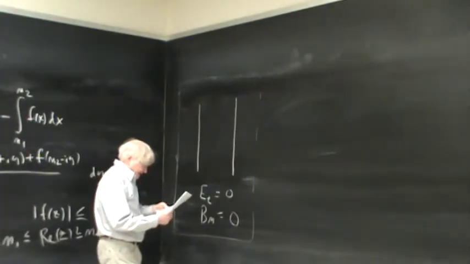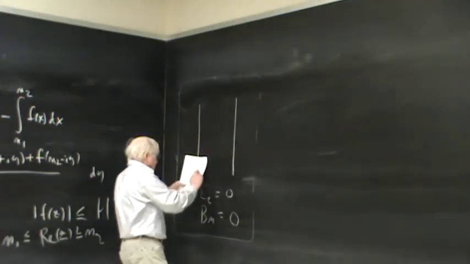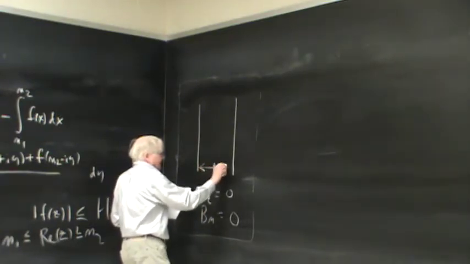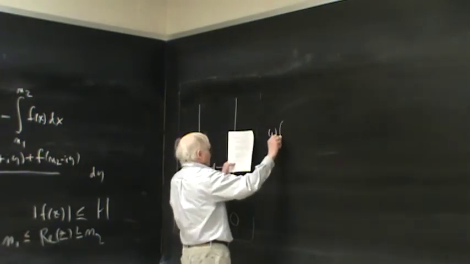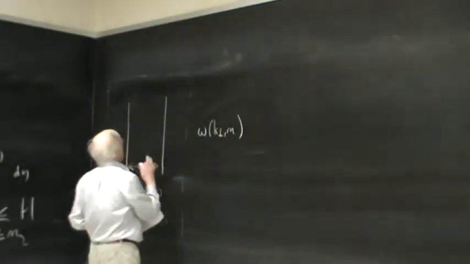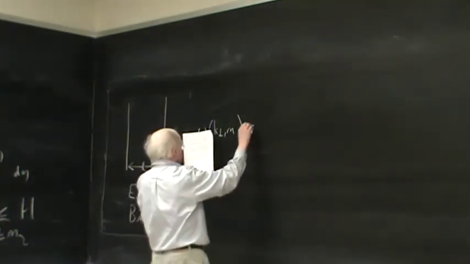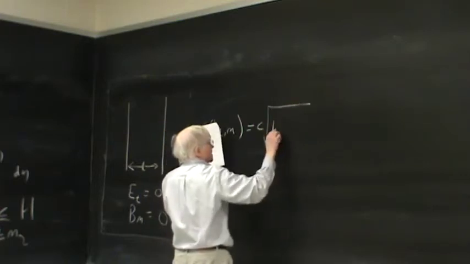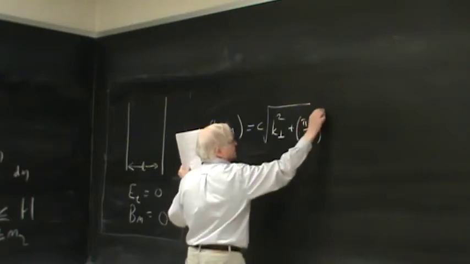Then the next thing is to ask what the modes in here are. If the distance between the plates is L, then the allowed modes are omega of k perp and n, where k perp means the wave number in the direction parallel to the plates. This is c times the square root of k perp squared plus (pi n over L) squared.